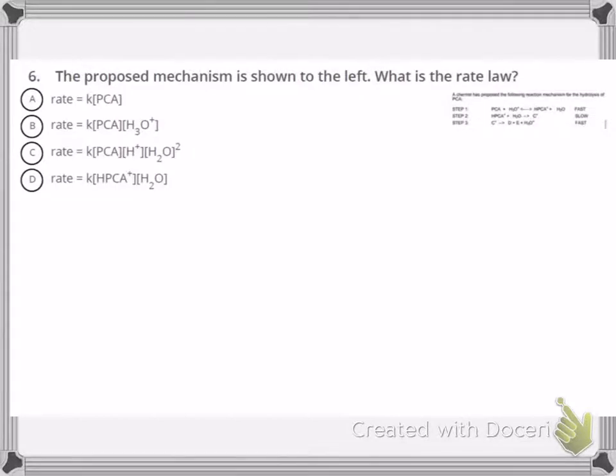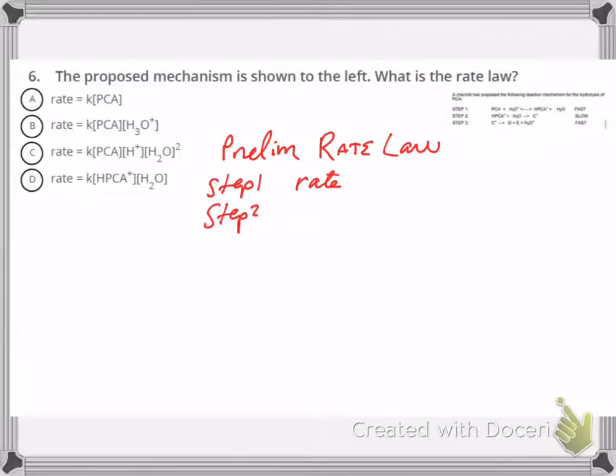So question number 6, we'll come back to 5. There's just a slight problem with ordering. So question 5, we have a mechanism, and the question is, what's the rate law given this mechanism? We have to write the preliminary rate law for step 1 and step 2. The preliminary rate law for step 1 is K1 times the concentration of PCA and H3O+.